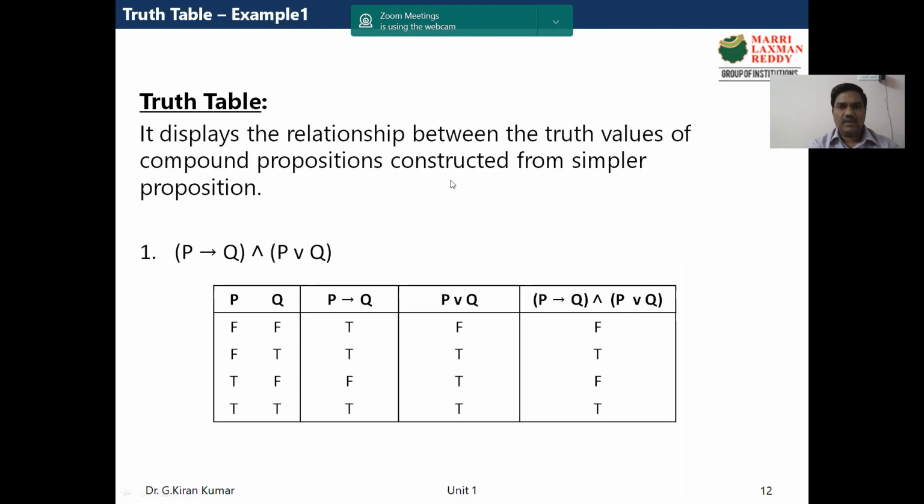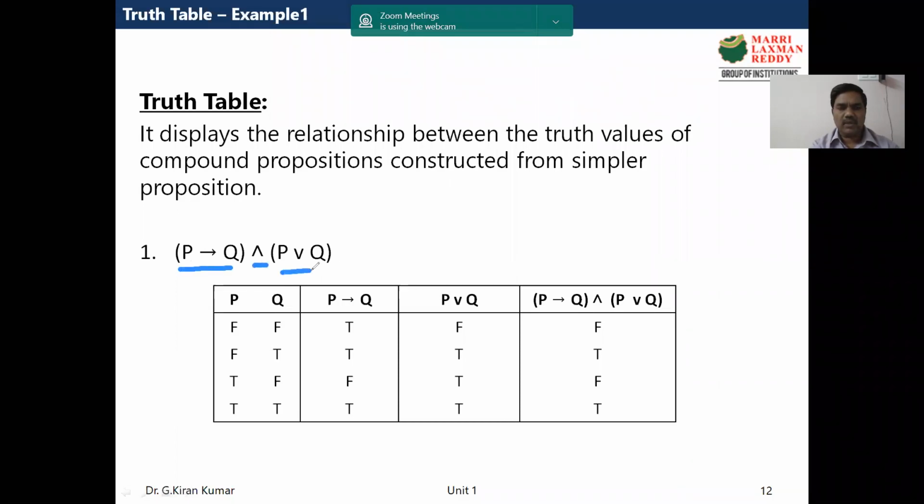Suppose we consider this propositional function, that is P implies Q, and P or Q. To construct the truth table for this, you divide the compound proposition into smaller components, construct the truth table for them, and finally construct it for the bigger one. This is how we construct a truth table.